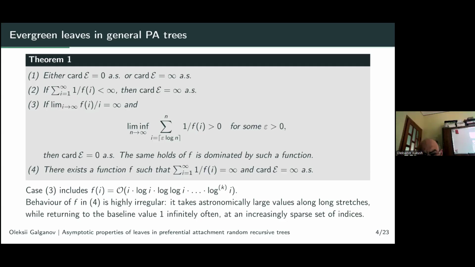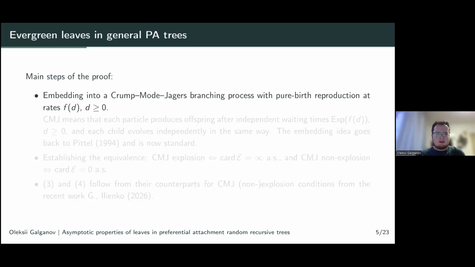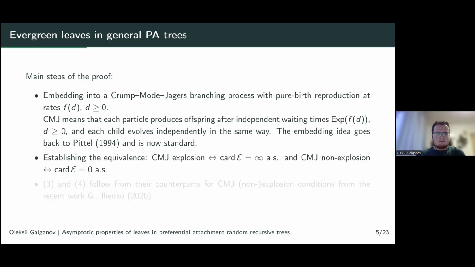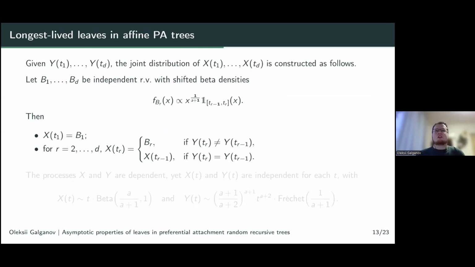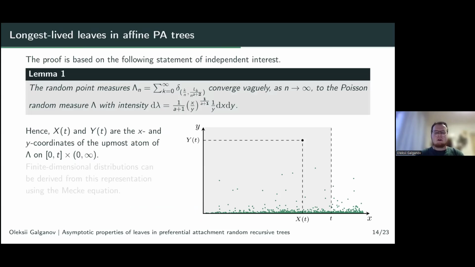And what is a vague convergence of random measures? It's the distributional convergence with respect to the vague topology for point measures.